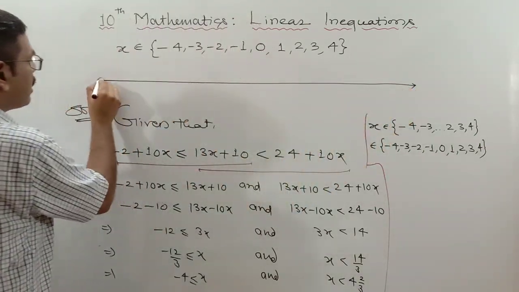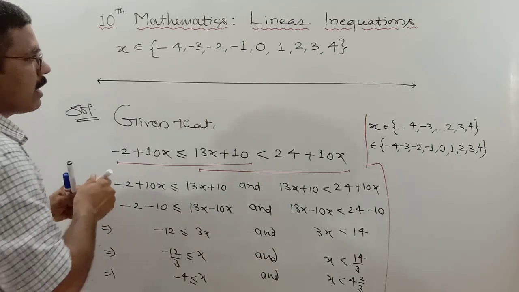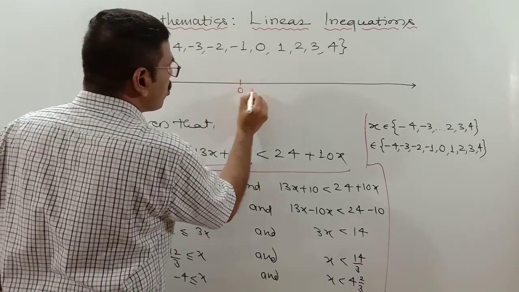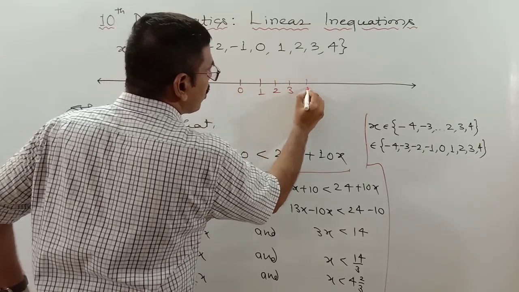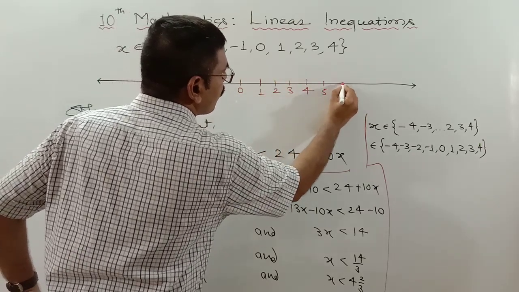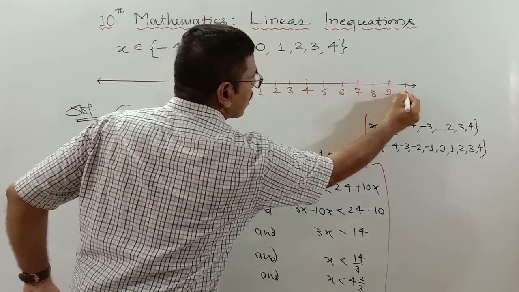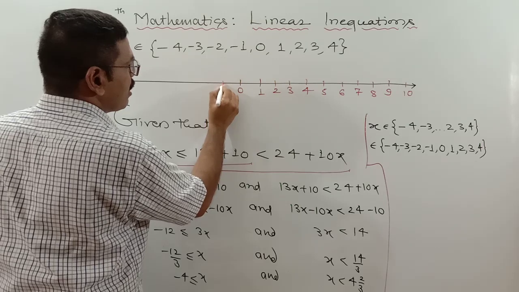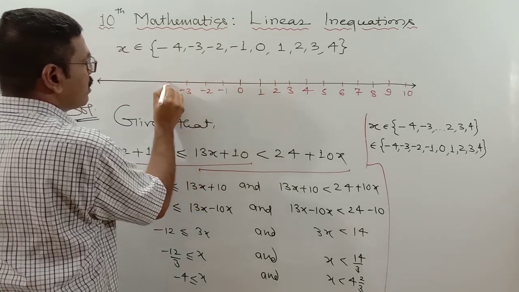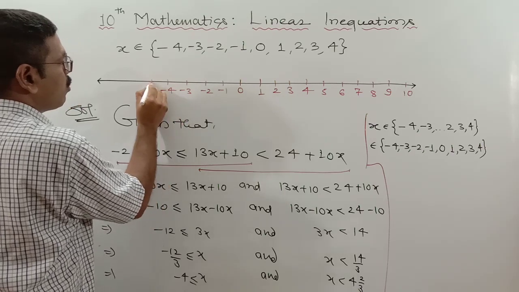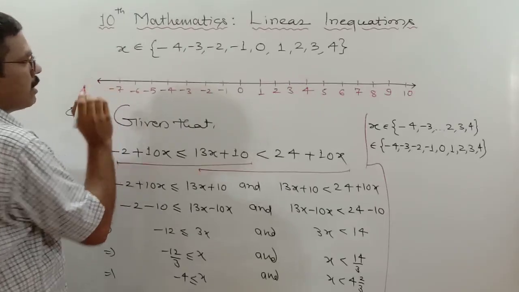Now please try to understand some special points of representation. I am just writing 0, 1, 2, 3, 4, 5, 6, 7, 8, 9, 10, and -1, -2, -3, -4, -5, -6, -7.